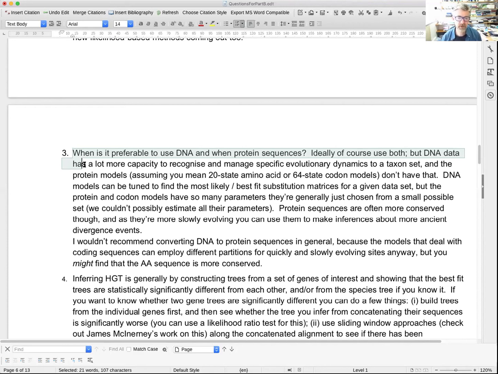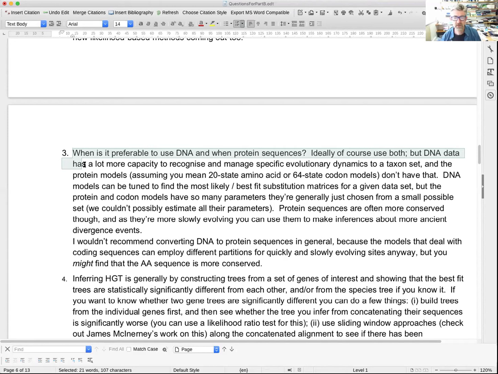You'll probably have heard of the GTR model, the General Time Reversible model, which only has 9 tunable parameters that can vary from locus to locus or from gene to gene. Nine might seem a lot, but it's actually not too bad, particularly if you've got an awful lot of data, say 100 taxa and 5,000 loci.